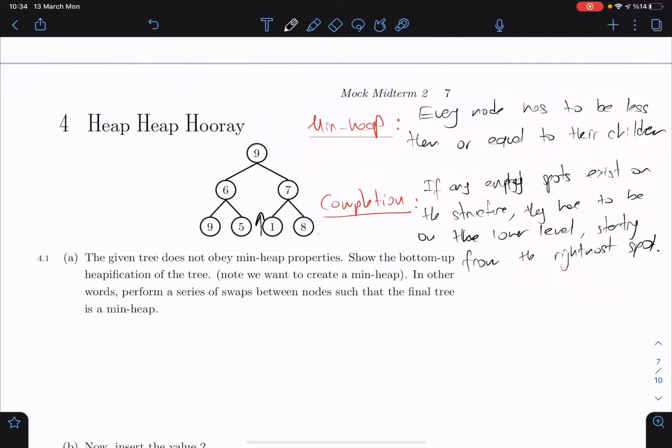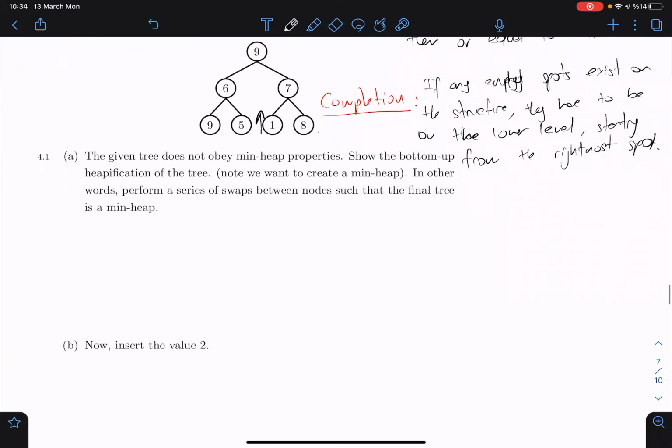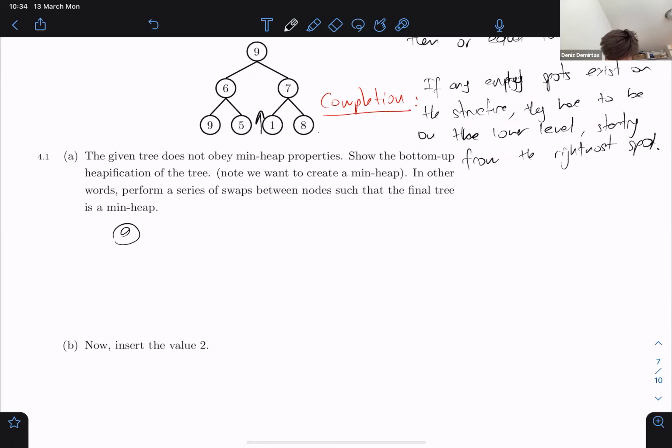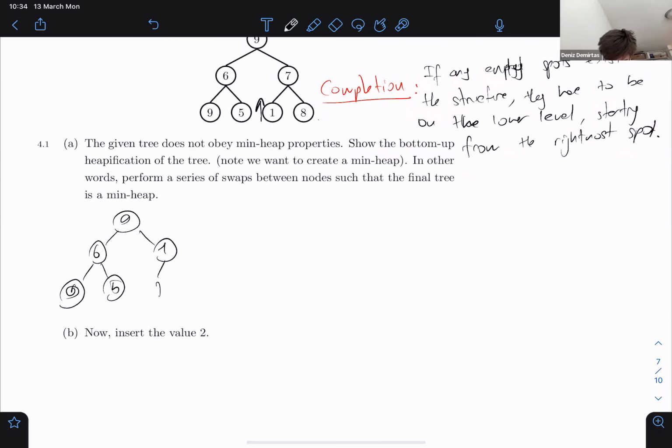So again, now we're at 1 and trying to see if 1 requires a promotion to the upper level. And since it's actually less than 7, what happens here is that we swap the places of 2 and promote 1 to an upper level and derank 7.